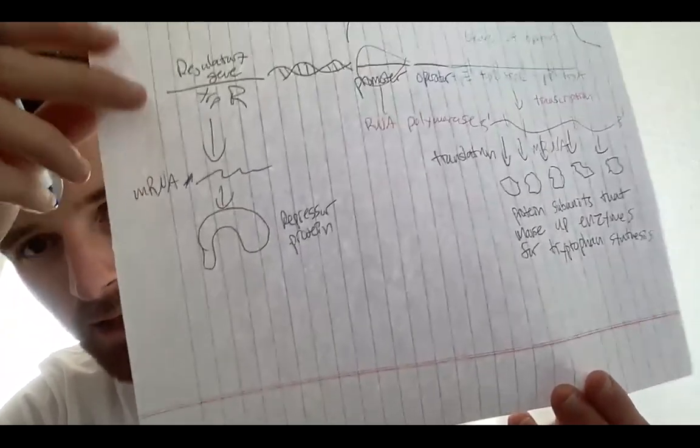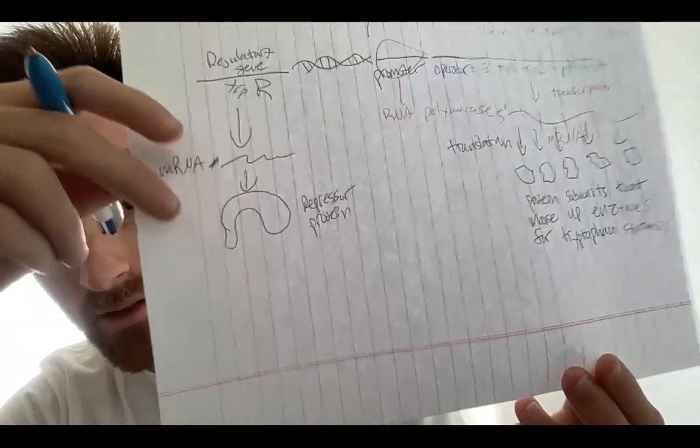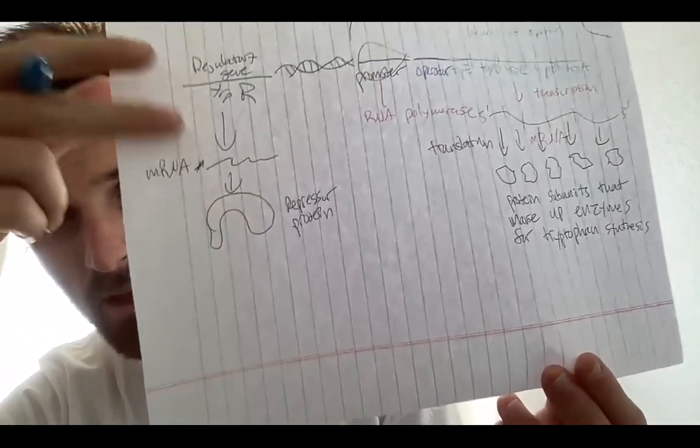Okay, so we've got transcription, translation. We get this repressor protein from this regulatory gene. And so again, the repressor protein doesn't bind to the operator, it has a low affinity. Unless tryptophan, do in green, I suppose. Let's do a circle here.